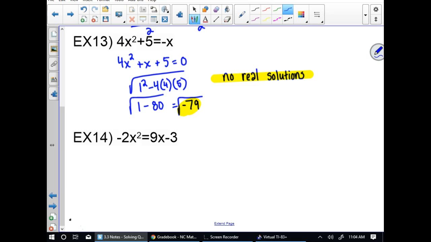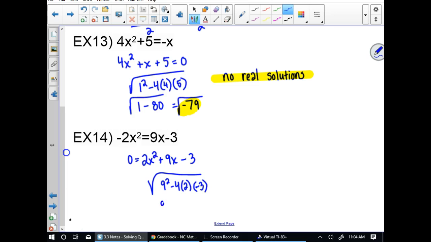So on this one, I would move that 2x squared to the other side, 2x squared plus 9x minus 3. And so we've really only got to look at that b squared minus 4ac. So 9 squared minus 4 times 2 times negative 3. And let's say maybe this is calculator inactive.